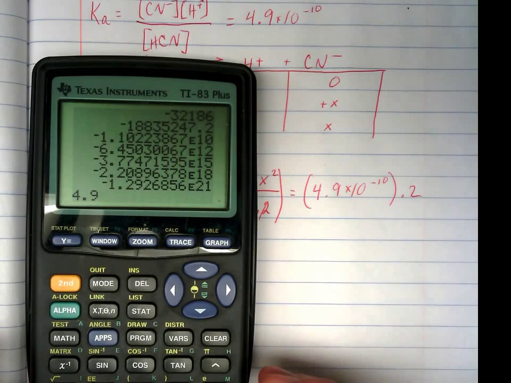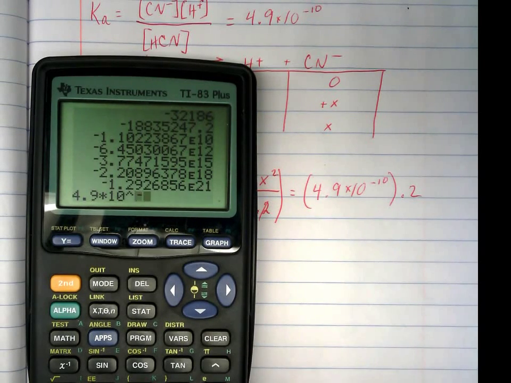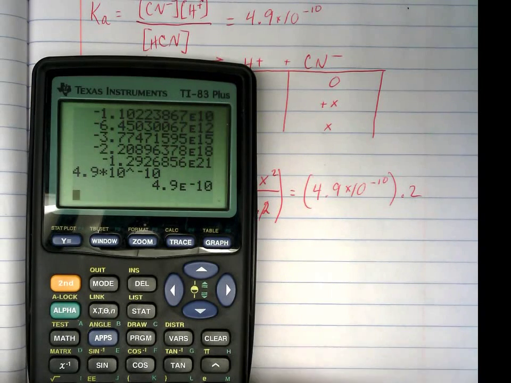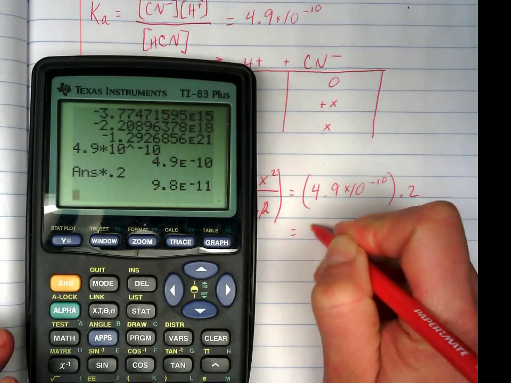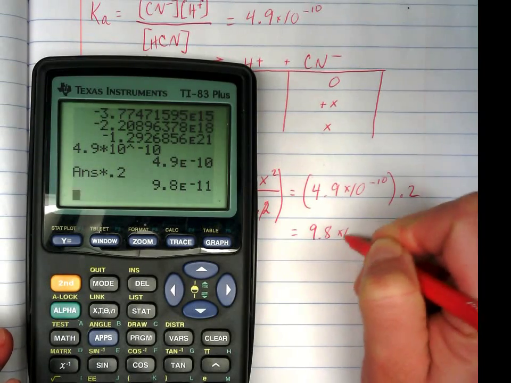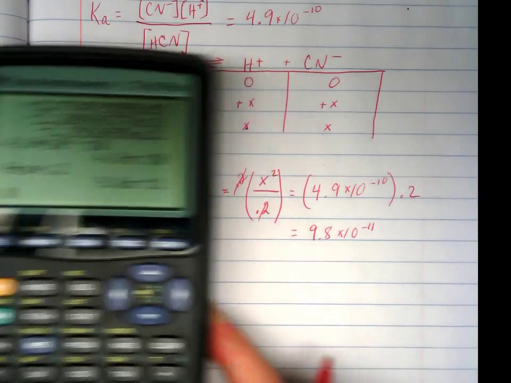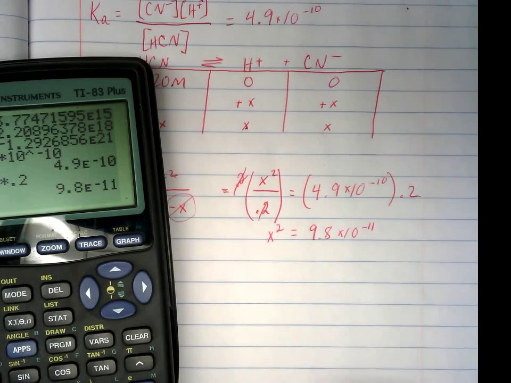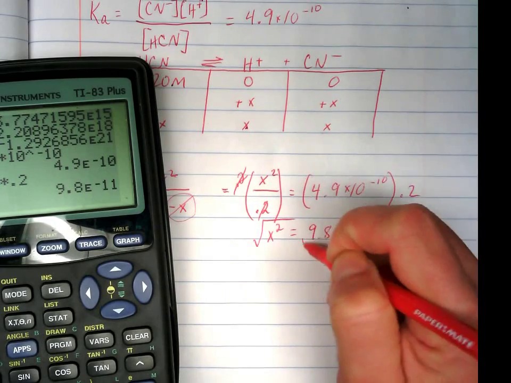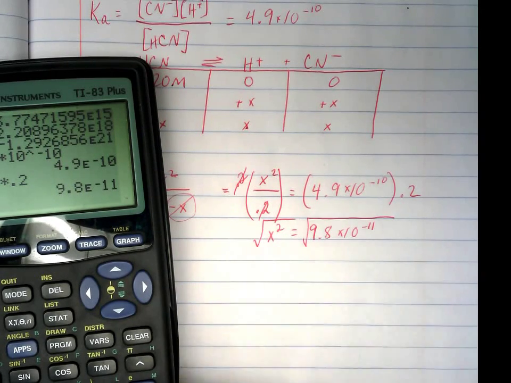So if I go 4.9 times 10 to the negative 10 times 0.2, I get 9.8 times 10 to the negative 11, and that's what x squared is equal to. So let's go ahead and take the square root of both sides.